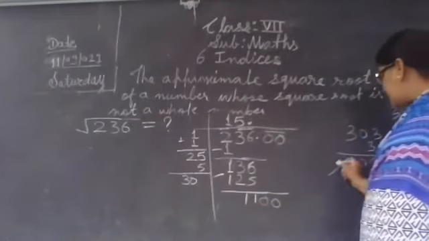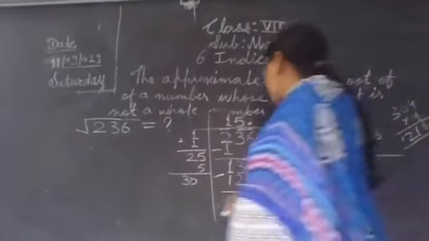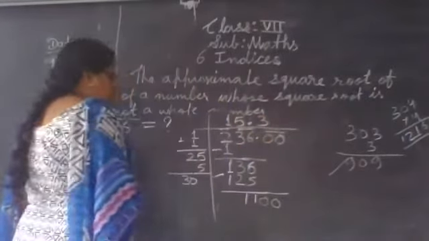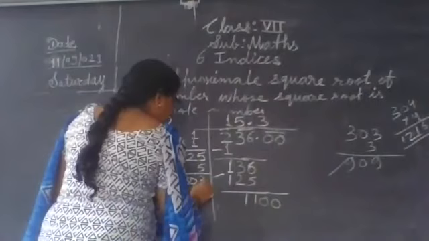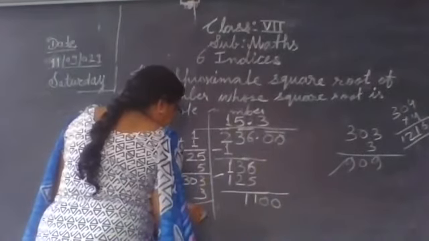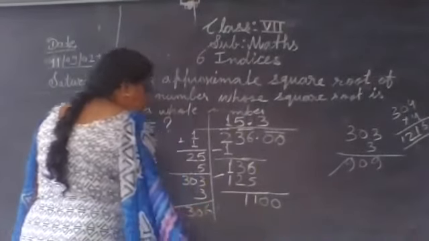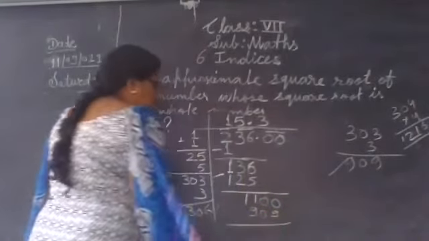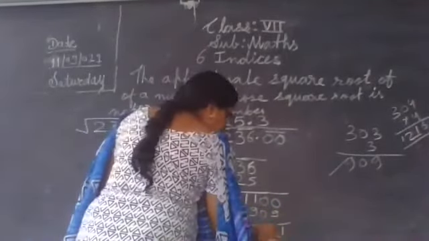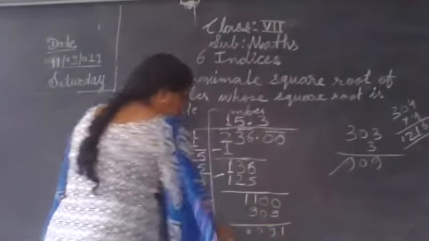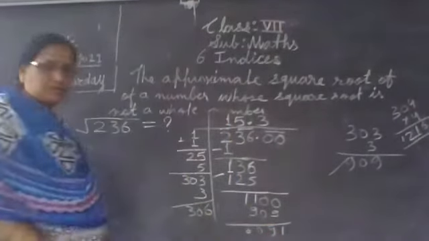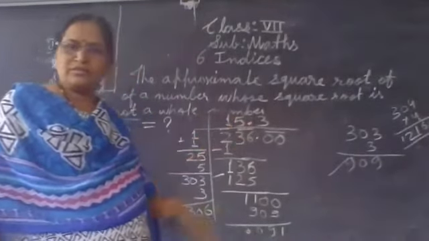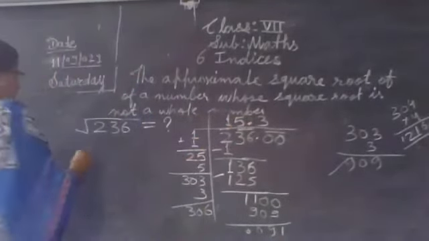So the nearest is 3. 0.3. Okay, here write 3. 3 3s are 9, 306 and 909. 10 minus 9, 1, 9 minus 9, 0. Okay. So what is the answer? 15.3.